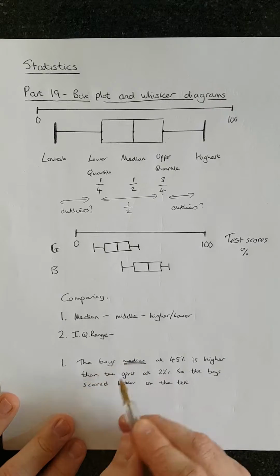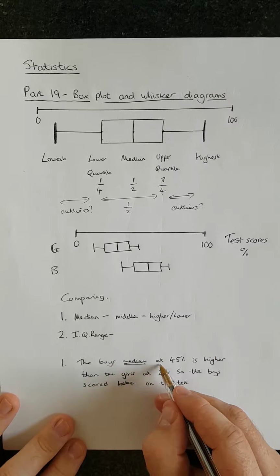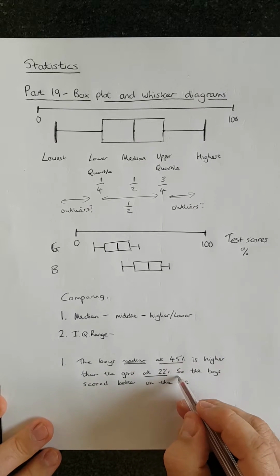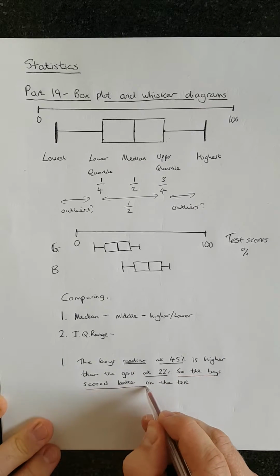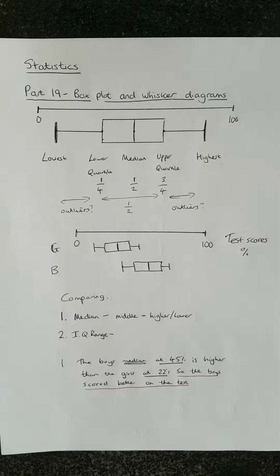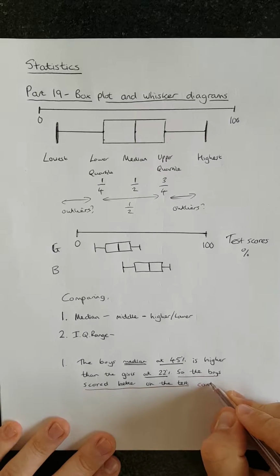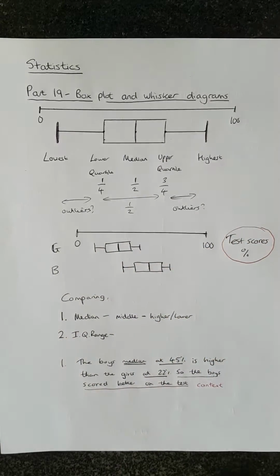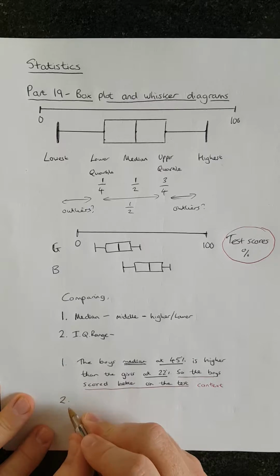We've talked about the median, we've quoted the numbers, and then we've done this. This is called the context. And this is what the situation is, the test scores. And you'll need that in order to secure yourself the marks.